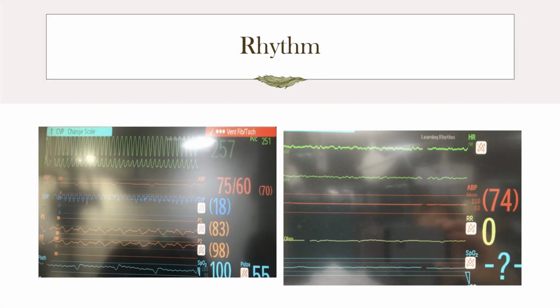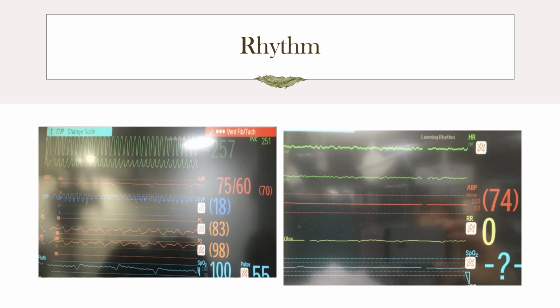What is the rhythm on ECMO? The rhythm can be a shockable rhythm such as ventricular fibrillation, or a non-shockable rhythm such as asystole or pulseless electrical activity. A patient who has severe cardiogenic shock may not have a palpable pulse or visible pulse on their arterial line trace.